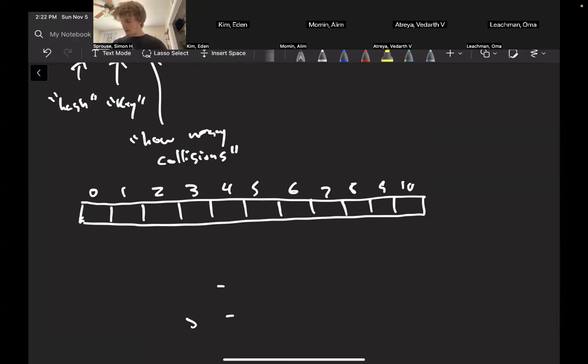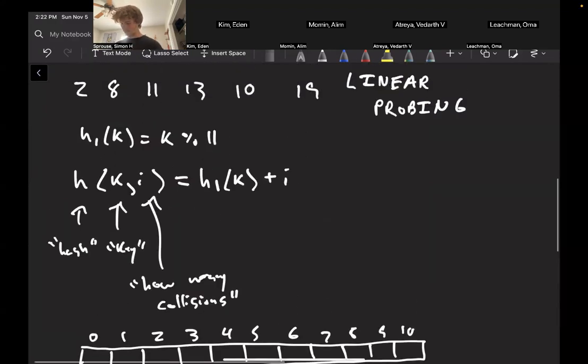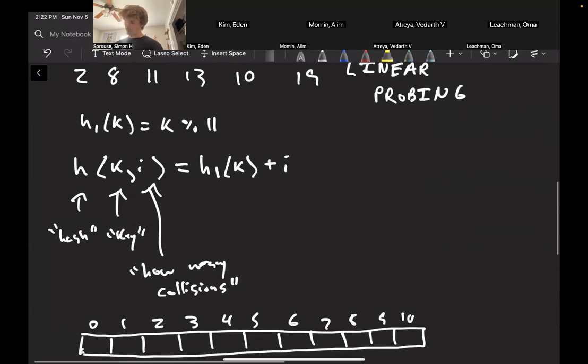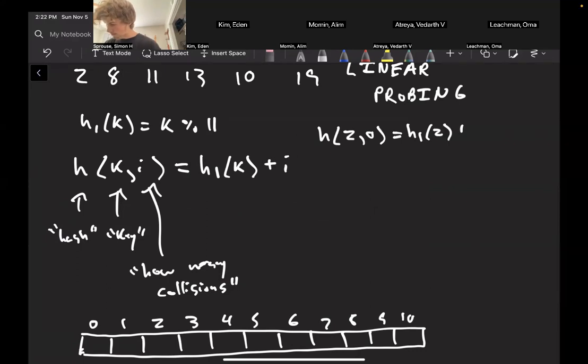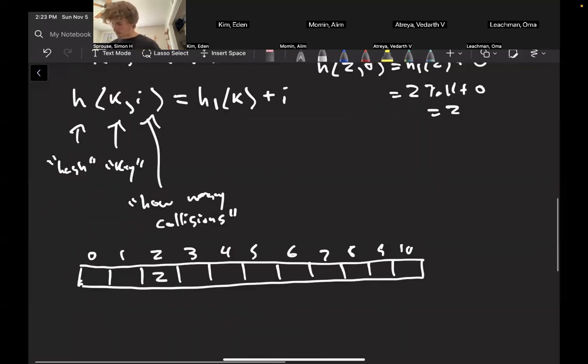Let's go ahead and see what this looks like with real examples. So first we've got h of 2, 0. So h of 2, 0 is going to equal h1 of 2 plus 0. And that's 2 mod 11 plus 0, and that's 2. So no problems yet.